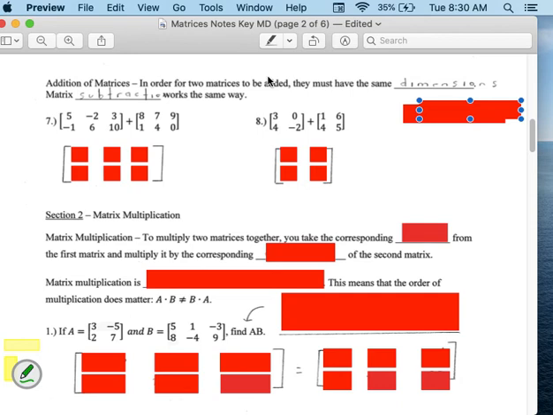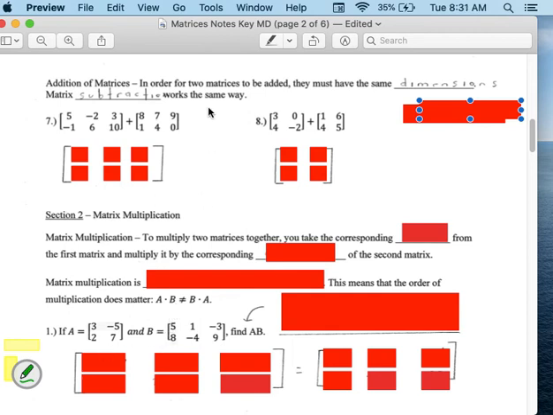Just as 5 minus 10 is not the same as 10 minus 5, the order of subtraction matters, the order of addition doesn't matter, like 5 plus 6 is the same as 6 plus 5. When we get down here to multiplication, with regular numbers the order doesn't matter, 5 times 6 is the same as 6 times 5, but in matrices it does matter.